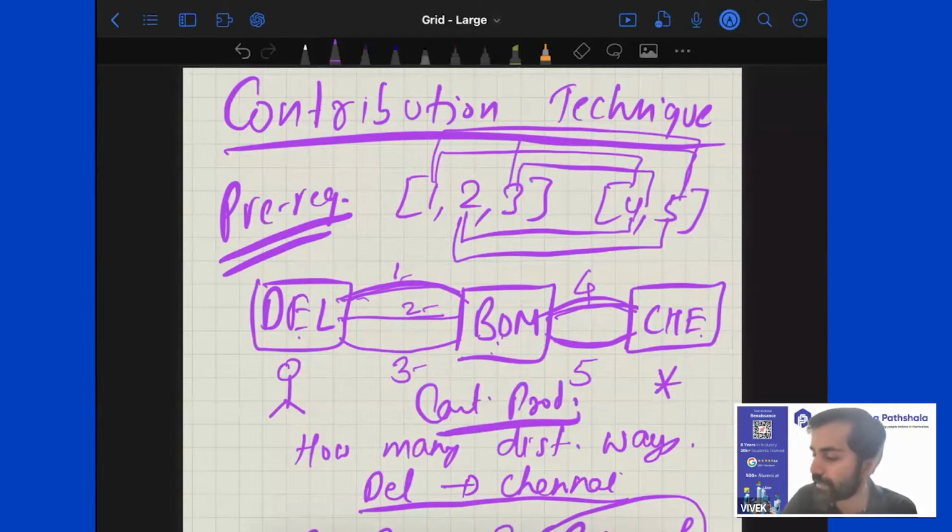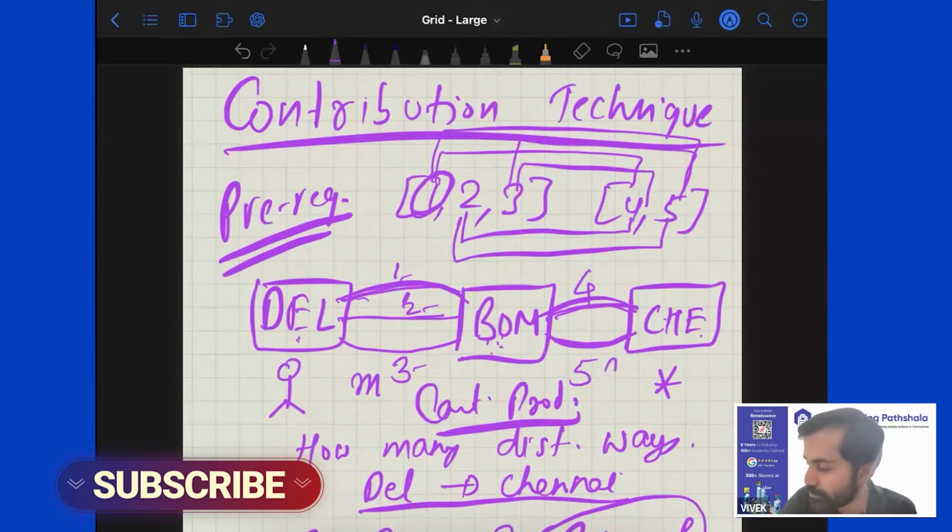This is just like a Cartesian product where I can say for every road that I take to go from Delhi to Bombay, my next set of choices to go from Bombay to Chennai are 2. So if let's say there are M roads over here and N roads over here, then for every road that I take, there are N choices here.